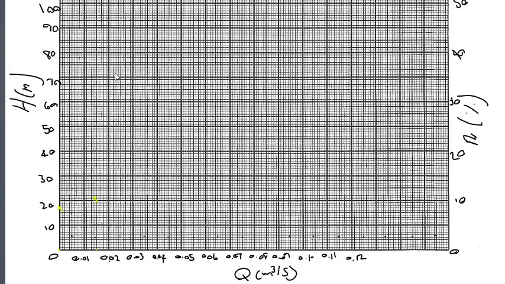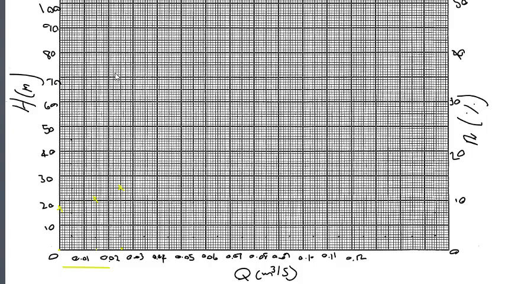Remember, you're plotting against the Q values. So the next one would be at 0.025, which is on this line here. Let's move all the way up and go to 25.3. So that's that point there.